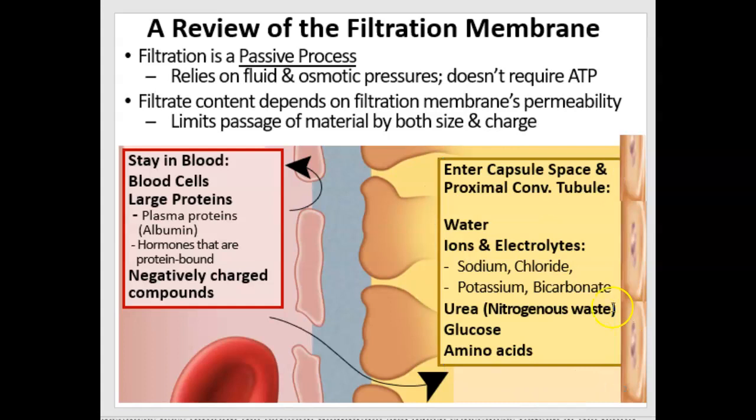If we were to compare the filtrate in Bowman's capsule with what's in blood, we would see that they're similar, except, of course, filtrate does not have plasma proteins, hormones, generally speaking, or blood cells.